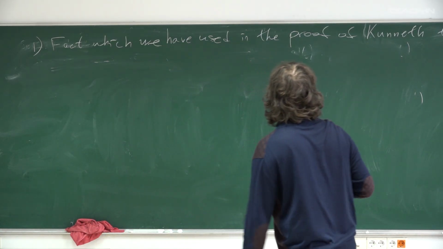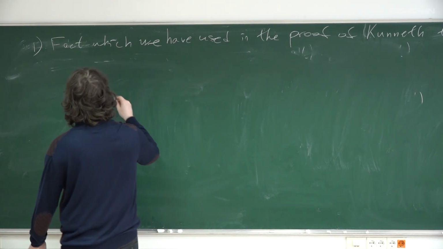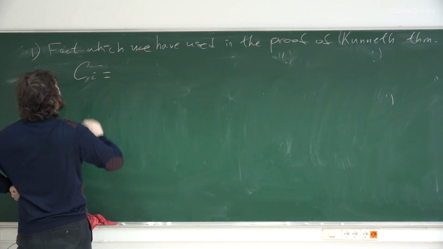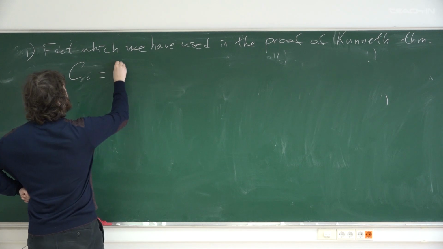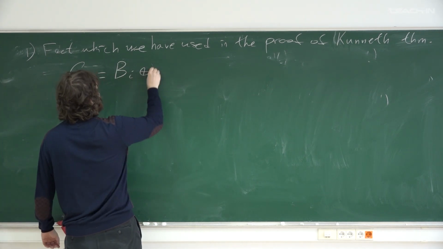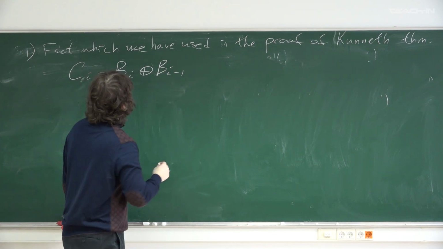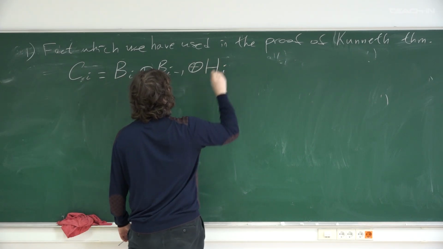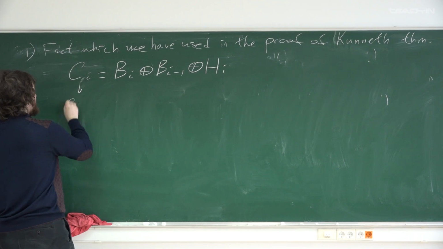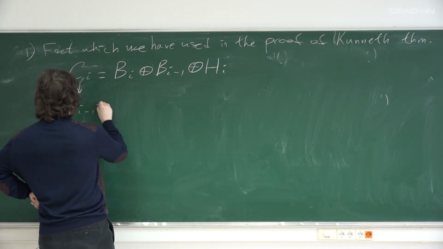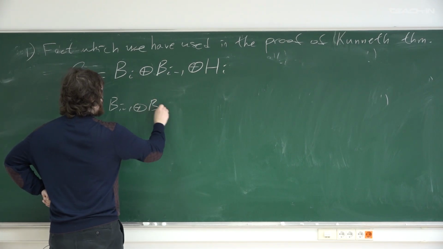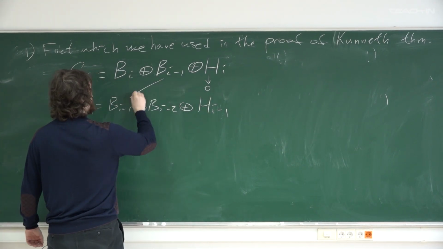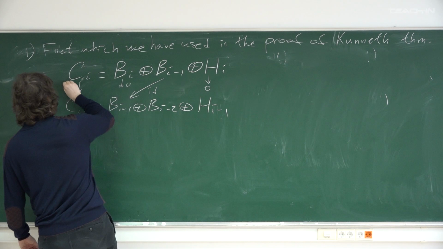The fact which we have used in the proof of the Künneth theorem is something like this. If we have a chain complex which in each level has the following form: boundaries, previous boundaries, and homologies, and the differential acts like this: zero, identity, zero.